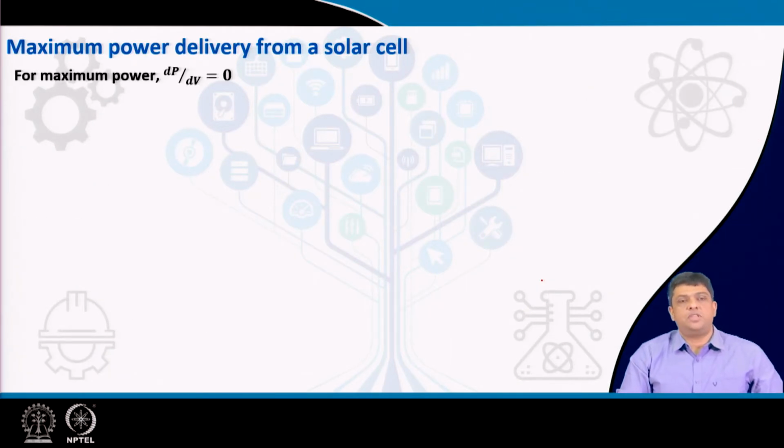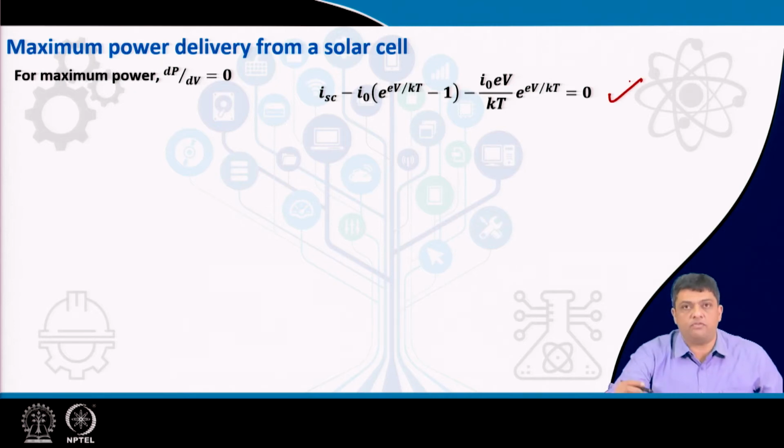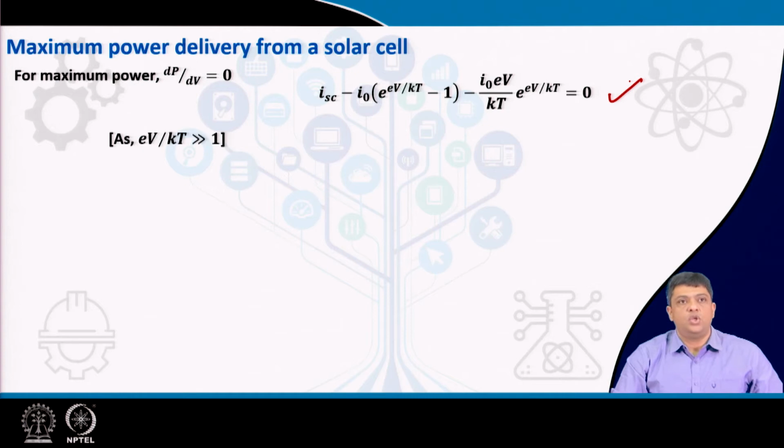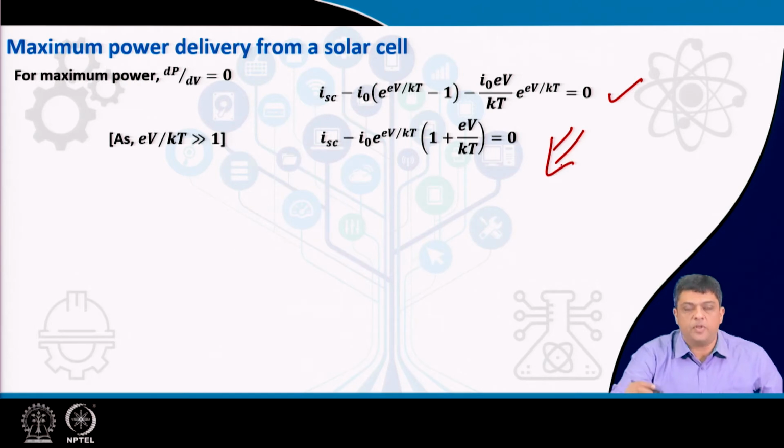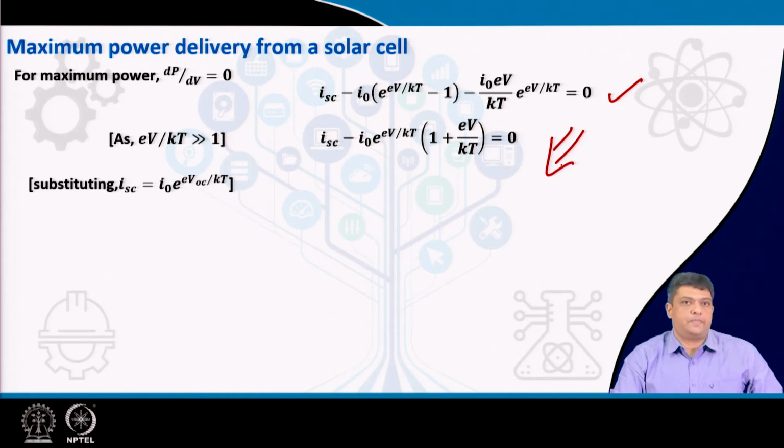We can look into the same thing once again. So, for the maximum power, dP by dV is 0, and if you use the initial formulation which we had started using, the short circuit current and the I photo and I cell, you will find that as eV by kT is much greater than 1, you can reduce this equation to the form that ISC minus I0 e raised to eV by kT into 1 plus eV by kT.